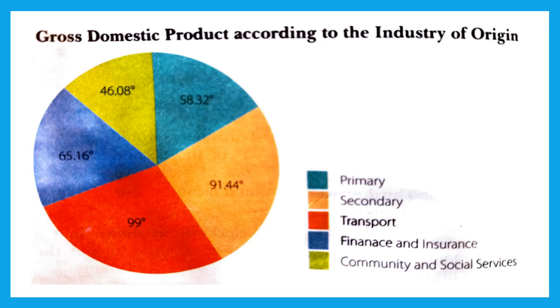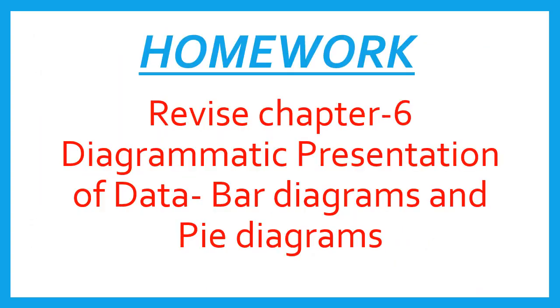Now when we convert it into a pie diagram, it would appear like this. So that was about two types of diagrams, bar diagrams and pie diagrams. Now your homework is to revise chapter 6, diagrammatic presentation of data, bar diagrams and pie diagrams.